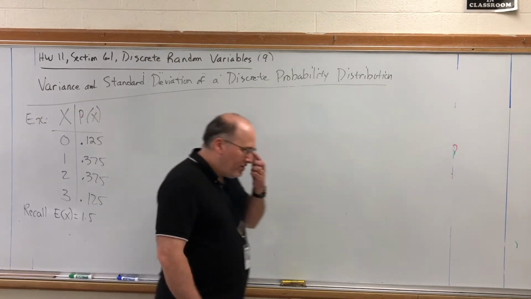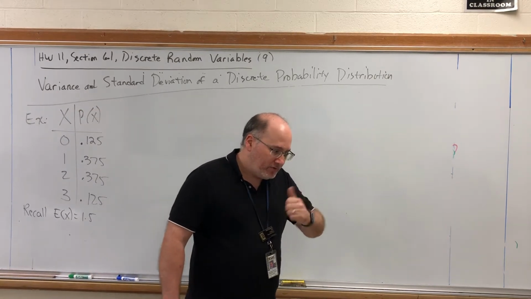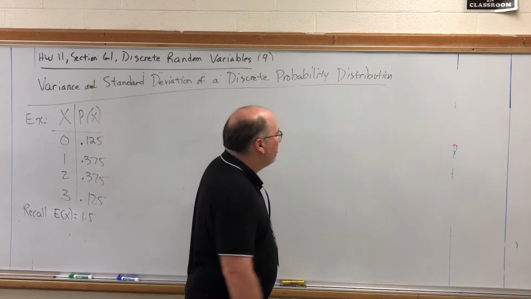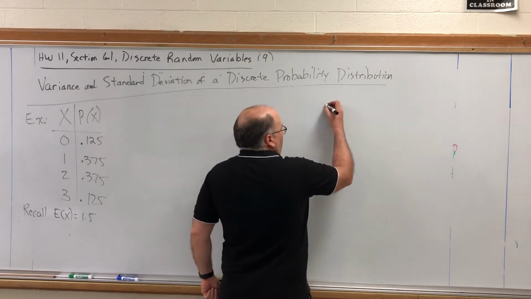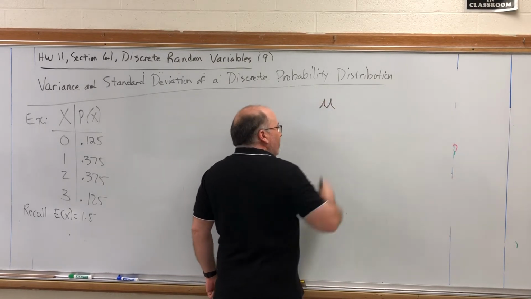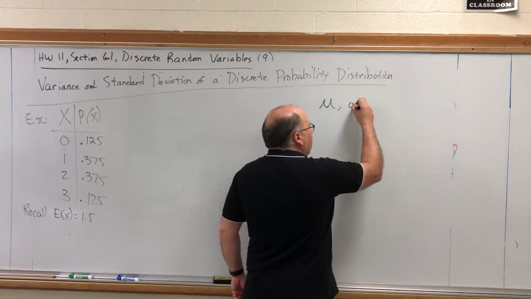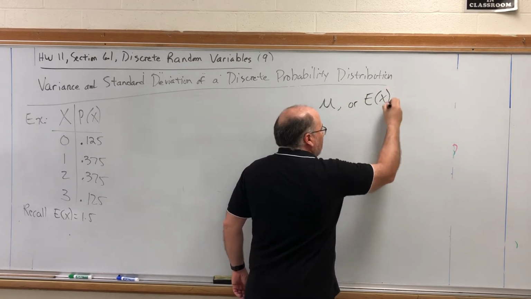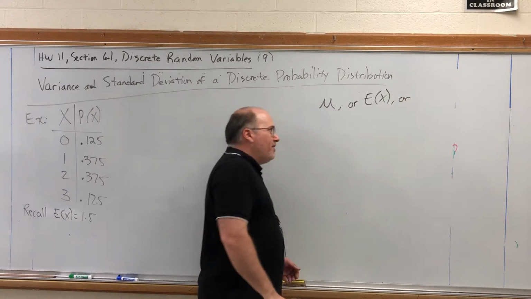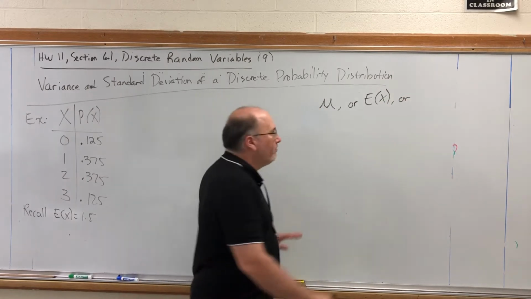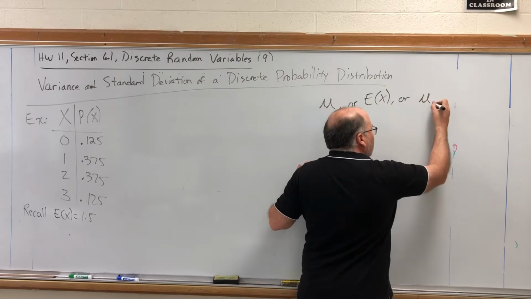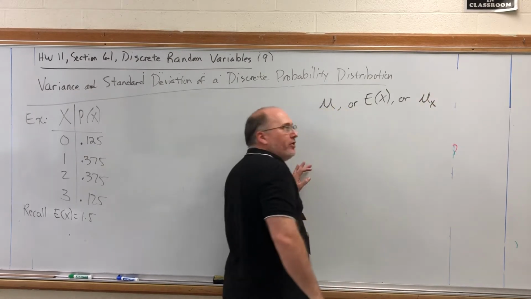Before we move forward, I do need to tie up one loose end. In the previous video, I mentioned that there was an alternative way to represent the mean, the expected value, by saying E of X. But there's a third way that I forgot, which pops up in this formula: mu, subscripted with the name of the random variable.